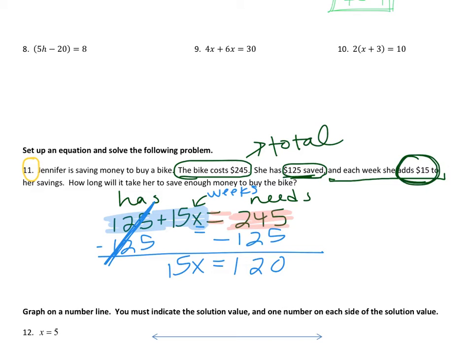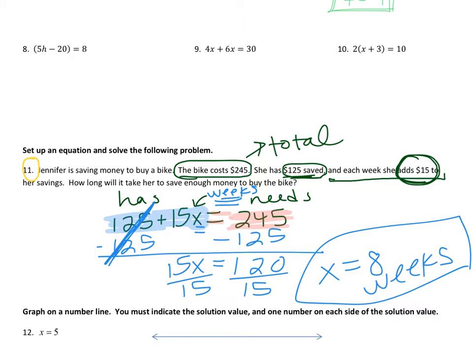Divide by 15. And we should get that x is 8. Now, since it's a word problem, I should label what's that 8 representing. And we said up here that the x is representing weeks, so it's 8 weeks. So it's going to take her 8 weeks to save up enough money to buy that bike that she wants.